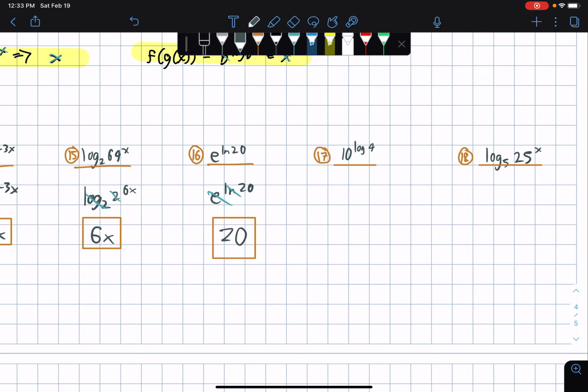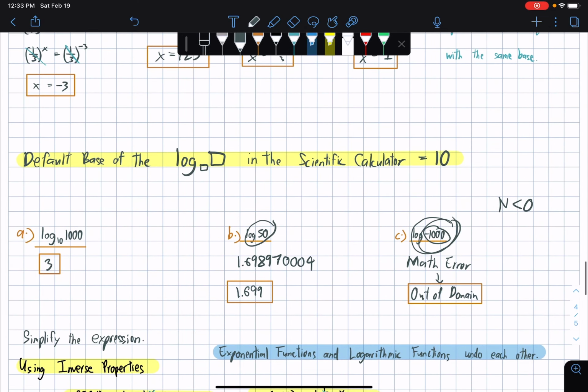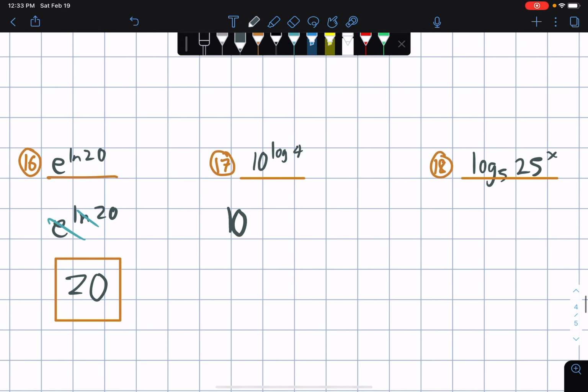For number 17, I need a few seconds. Okay, this expression may be tricky at first because you don't know the sub-value of the logarithm. But as said earlier, the default base of log is always 10. Therefore, in this problem, we rewrite the expression as 10 raised to log sub 10 of 4.